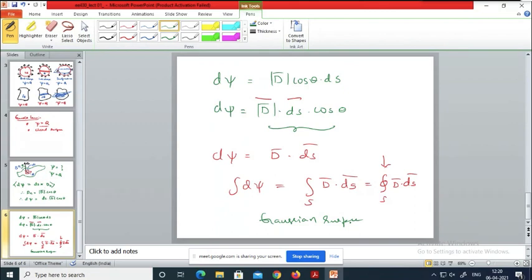Gauss law is very particular in saying that the flux leaving the surface will be equal to the amount of charge present inside the surface. That is a statement of Gauss law. It has to be a closed surface, and it can be of any shape.